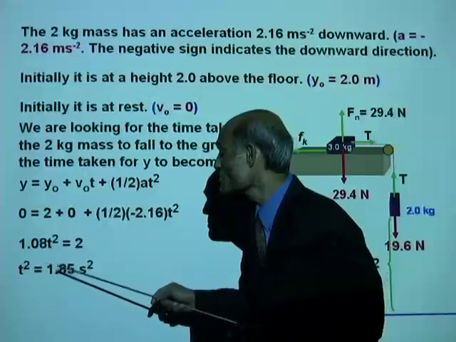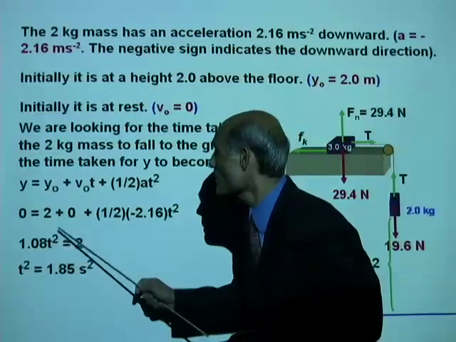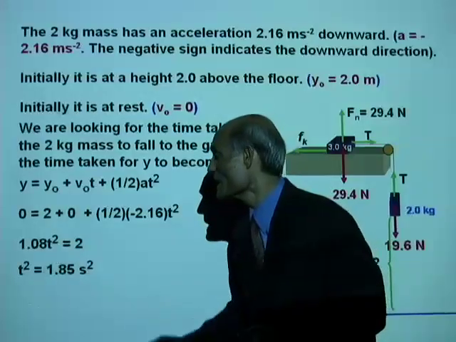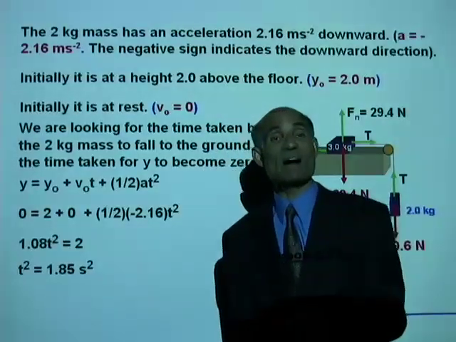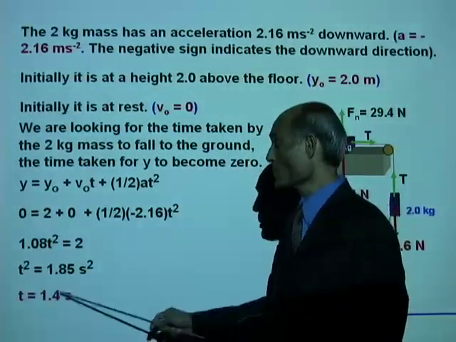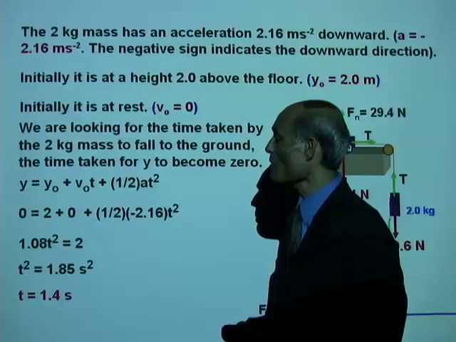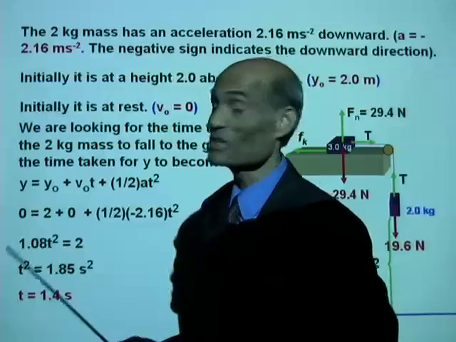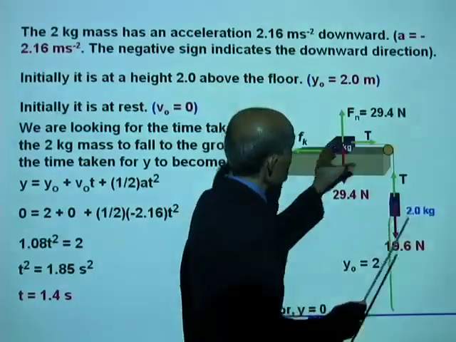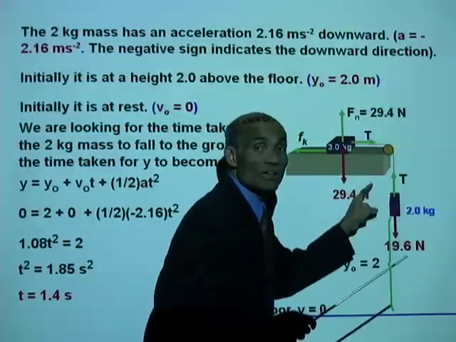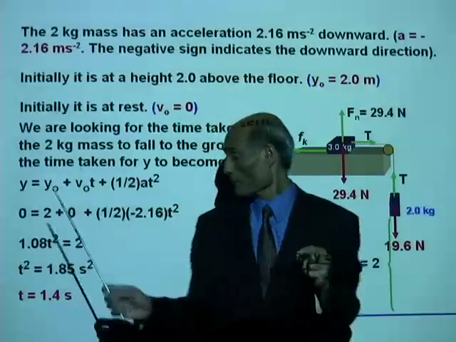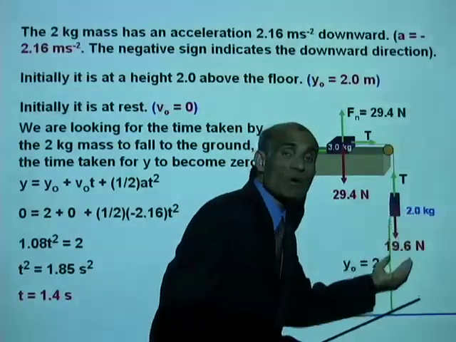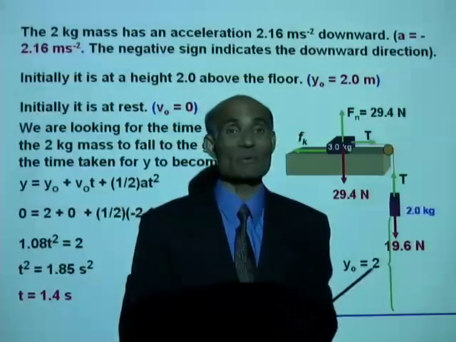And therefore t squared equal to 2 divided by 1.08, that is 1.85 seconds squared, or t equal to 1.4 second. So under these conditions, when the system begins to move, it will take 1.4 second for the 2 kilogram object to drop to the ground.